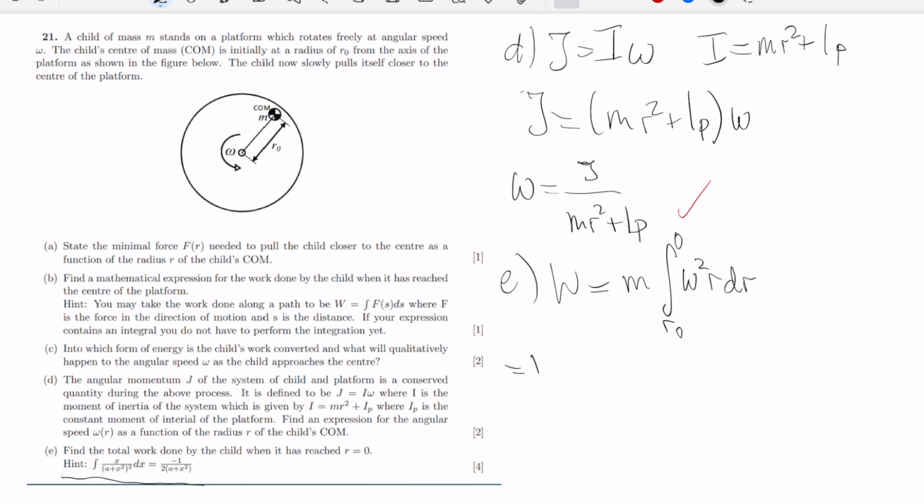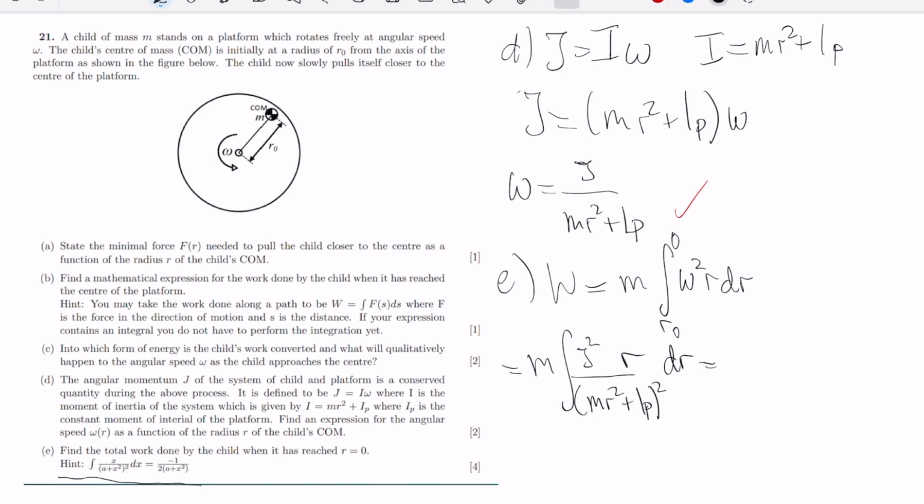So let's see what we get. We're going to get m, the integral of omega squared. So this here will be J squared over (m r squared plus I_P) squared, such as that, multiplied by r dr.